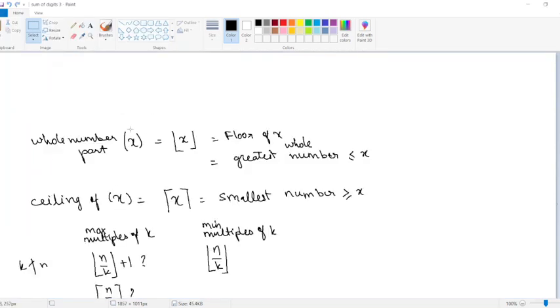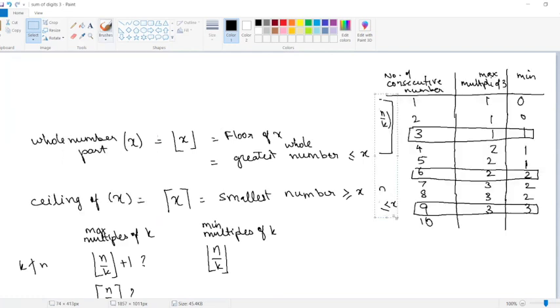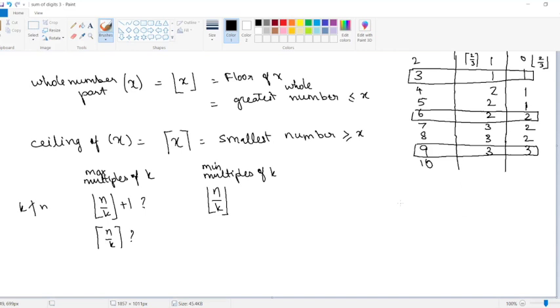If you look at the second example, n is 2 and k is 3. 2 is not divisible by 3, so your minimum is the floor, which is 0, and the maximum is the ceiling, which is 1. Both the cases 1 and 2. For 3, 3 is divisible by 3, so that will not apply. It is directly n upon k, in this case 1.